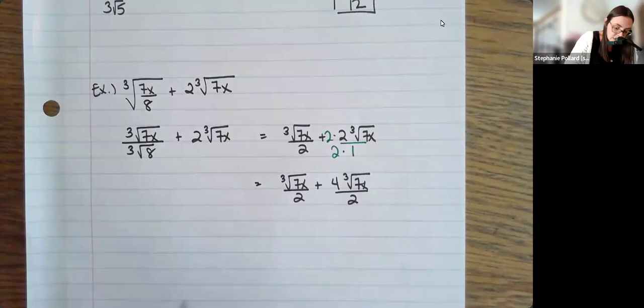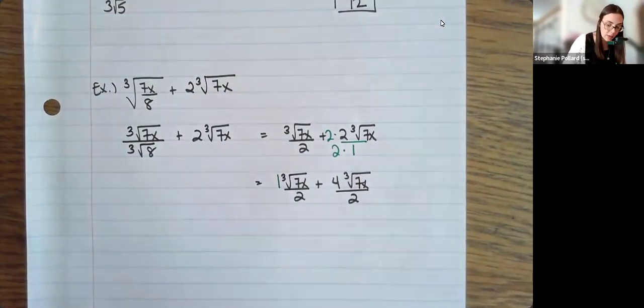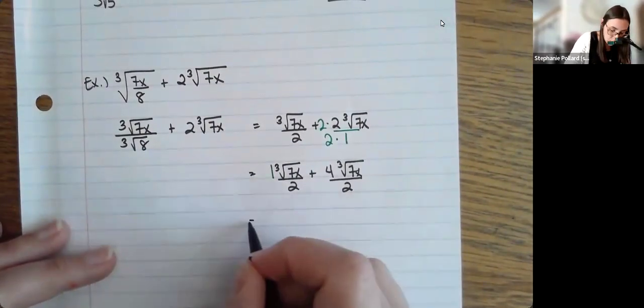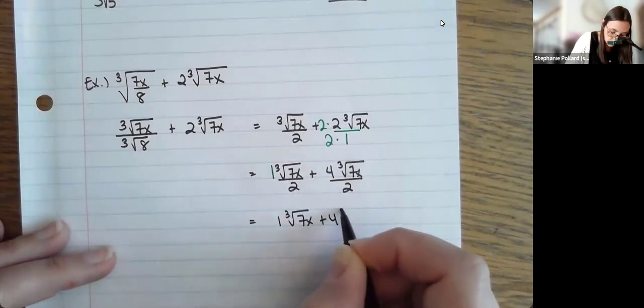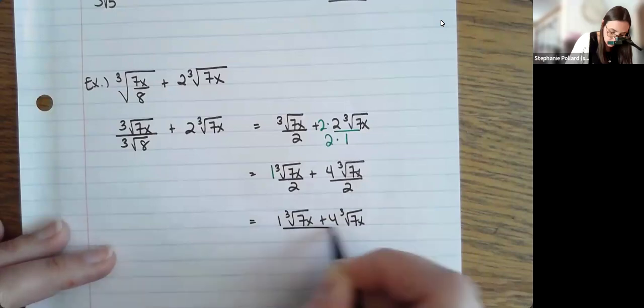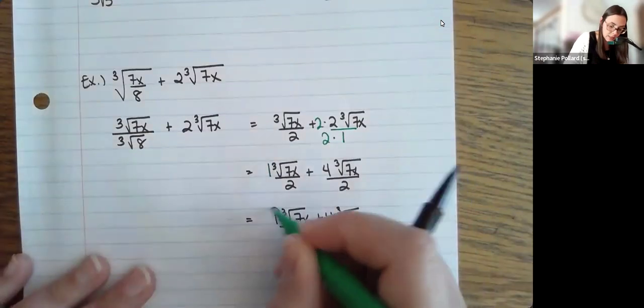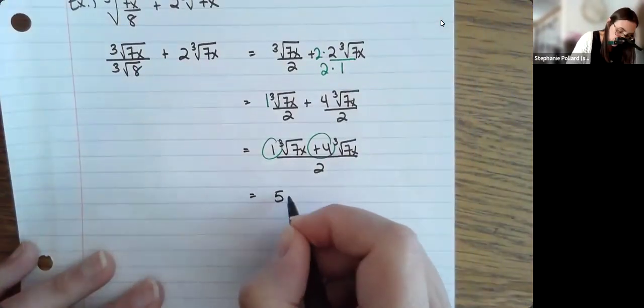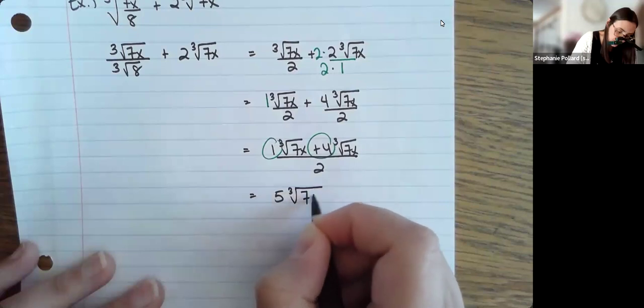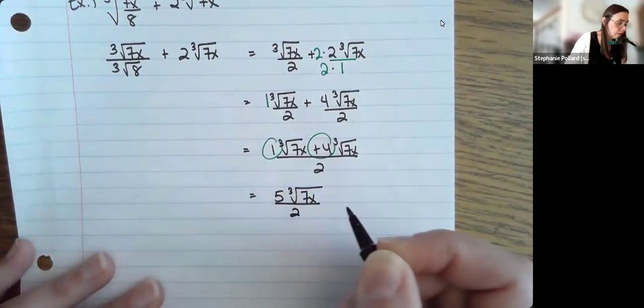Keep in mind, too, that there is a 1 there. So now that we're ready, this becomes 1 cube root 7x plus 4 cube root 7x all over 2. And then 1 plus 4 is going to be 5. So our final answer is going to be 5 cube root of 7x all over 2.